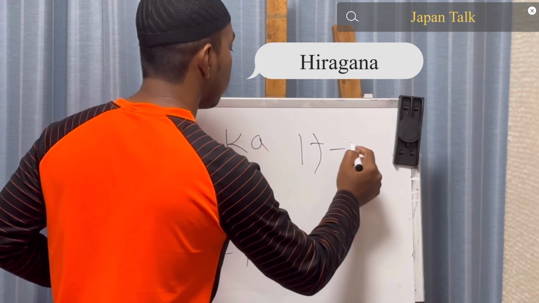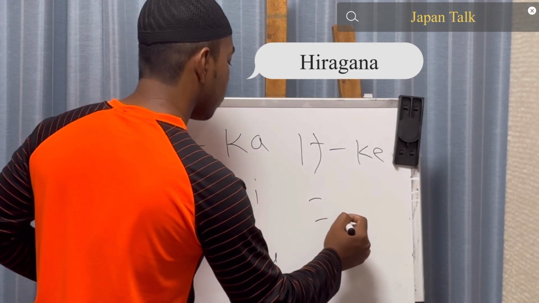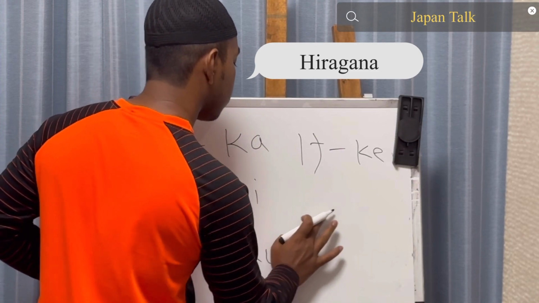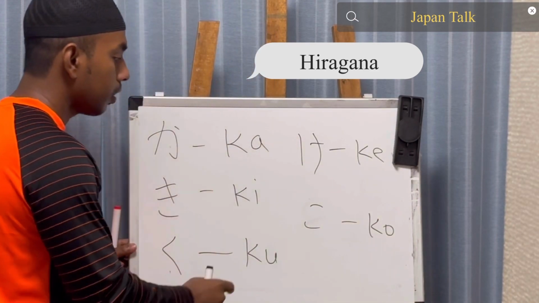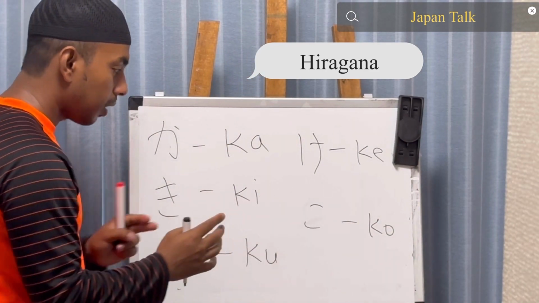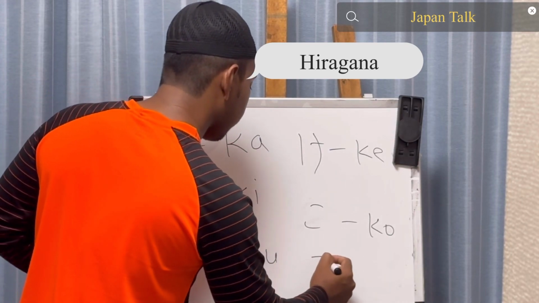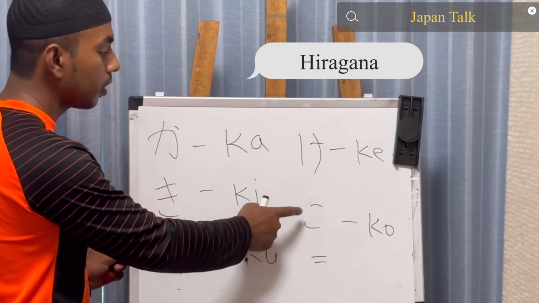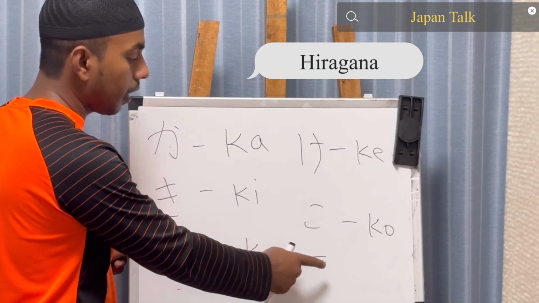The last one is Ko. So make sure there is enough space over here. If you write like this, this is not the ko, it will be a mistake. So please take care about it.